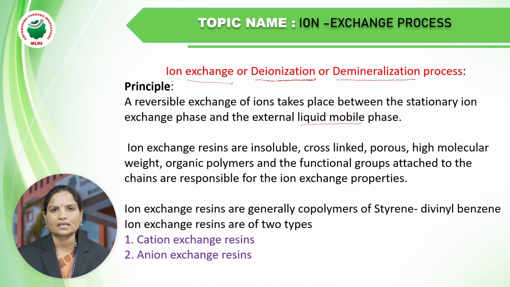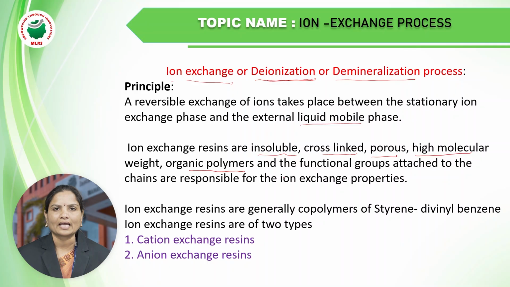Ion exchange resins are insoluble, cross-linked, porous, high molecular weight organic polymers which consist of functional groups, acidic functional groups and basic functional groups. Based on the attachment of acidic and basic functional groups, there are two types of ion exchange resins.